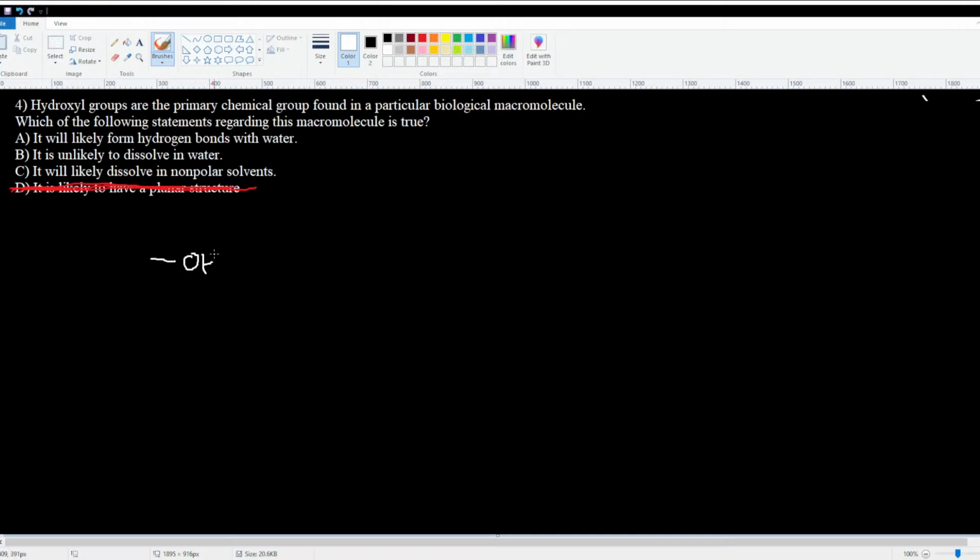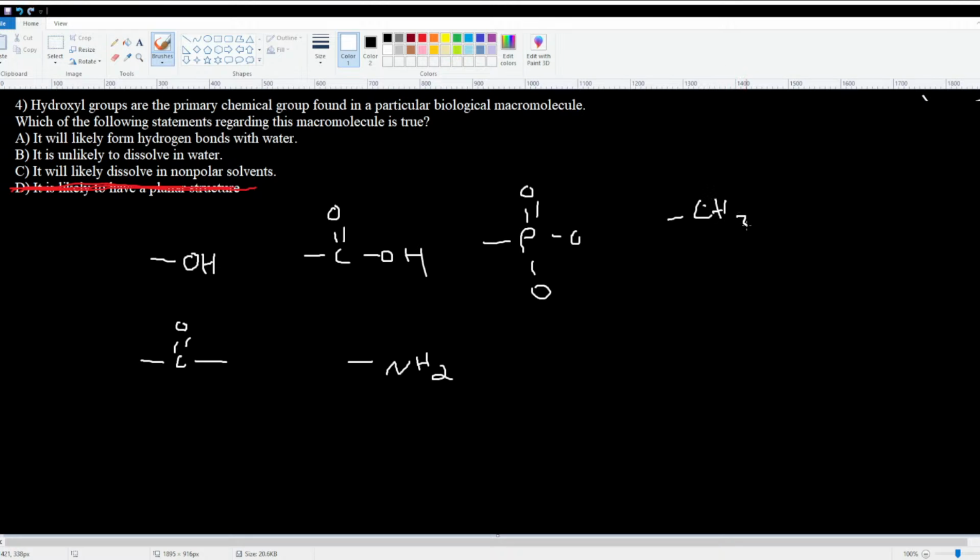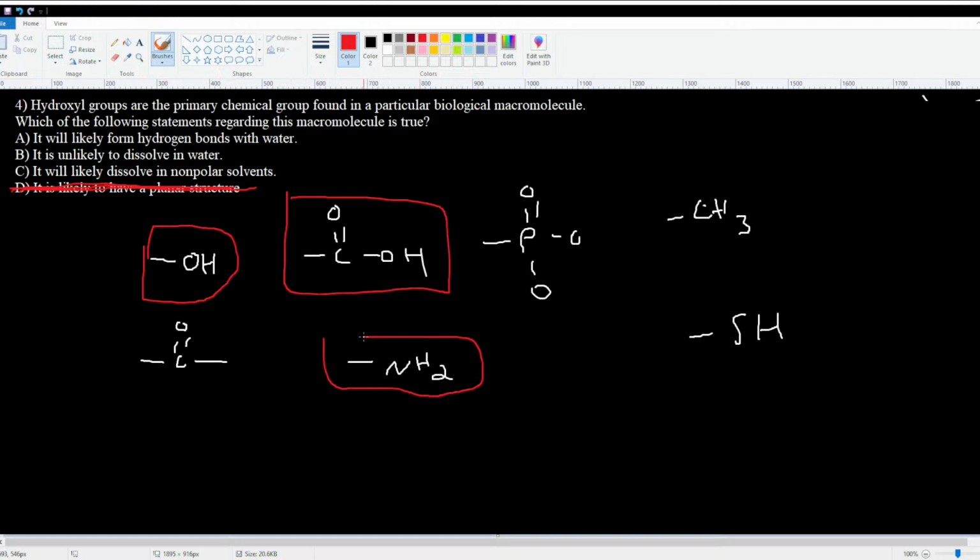So we have hydroxyl, we have carbonyl, we have carboxyl, we have amino, we have phosphate, and we have two more: methyl and sulfhydryl.